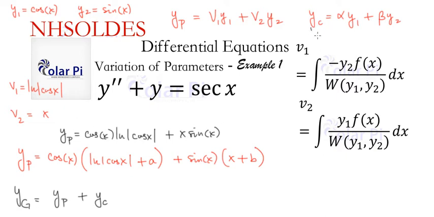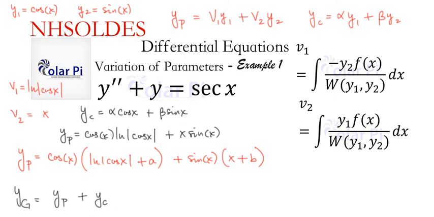And then, of course, we had the complementary solution, yc. So yc is equal to alpha times y1, which is cos x, and then plus beta times y2, which is sine x.